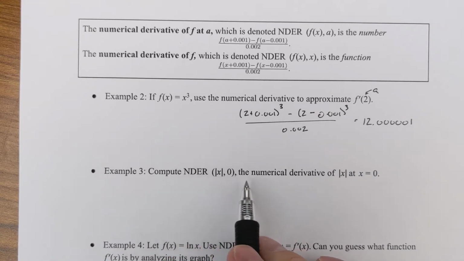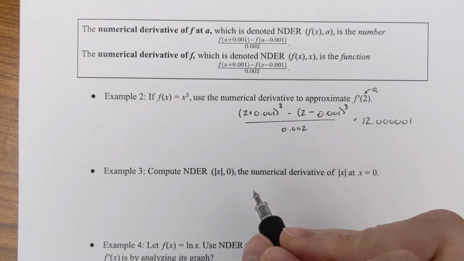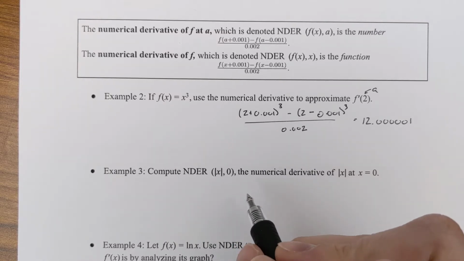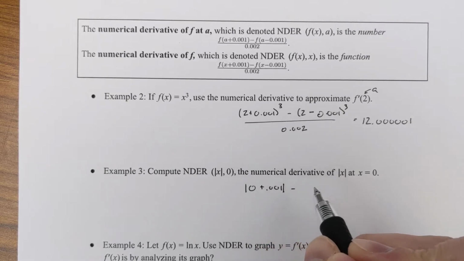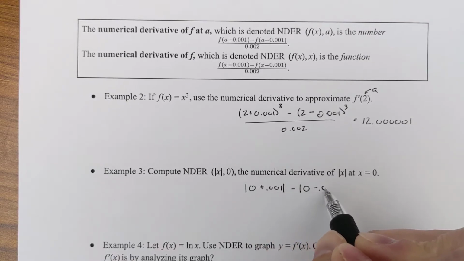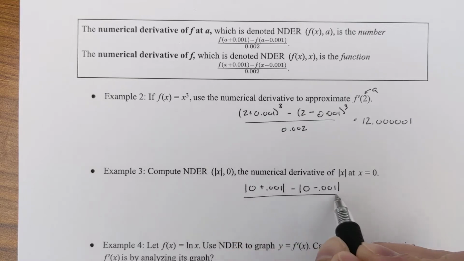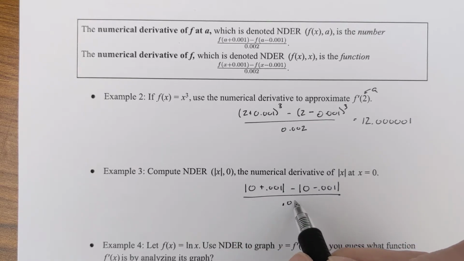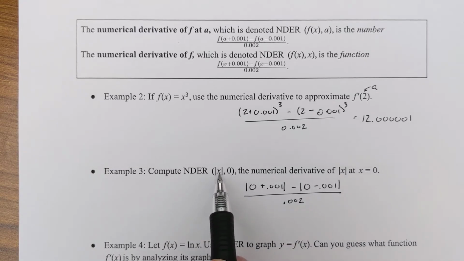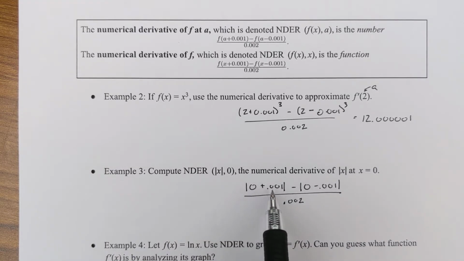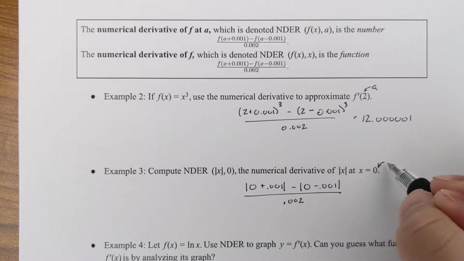So down here at 0, this would be the absolute value of 0 plus 0.001 minus the absolute value of 0 minus 0.001, all divided by 0.002. My function is the absolute value, so this number here is my a.